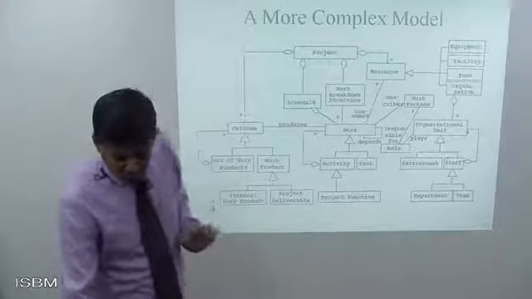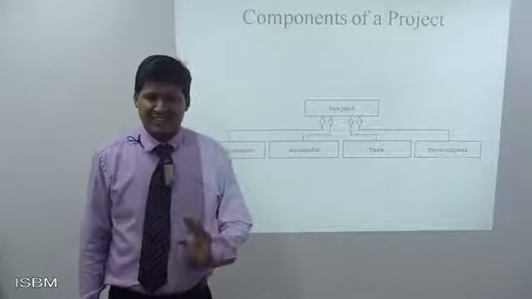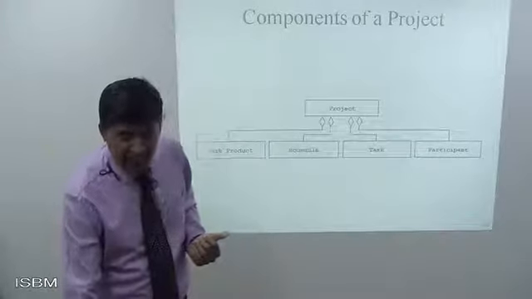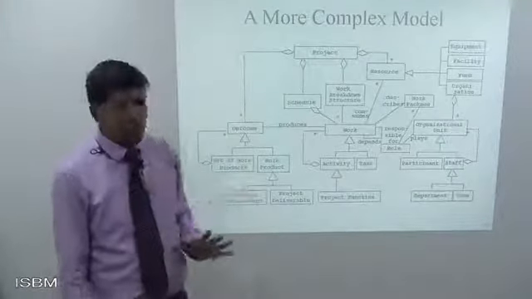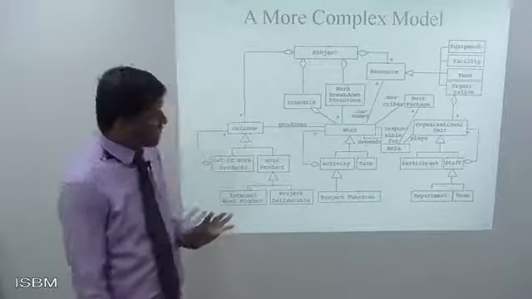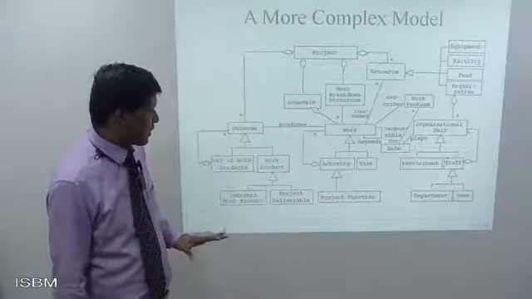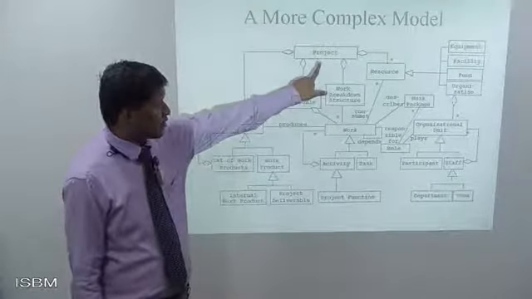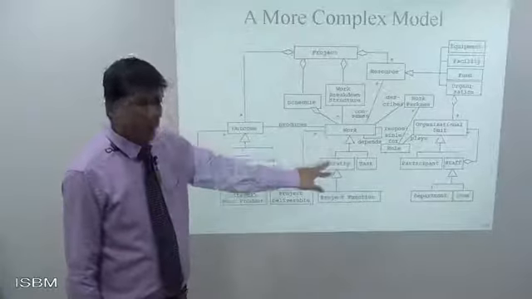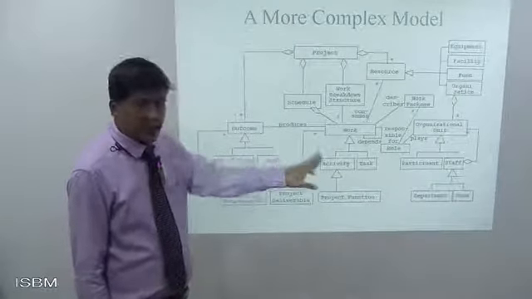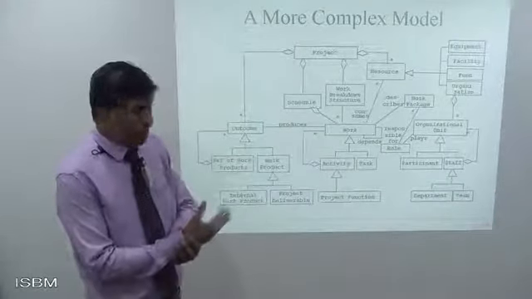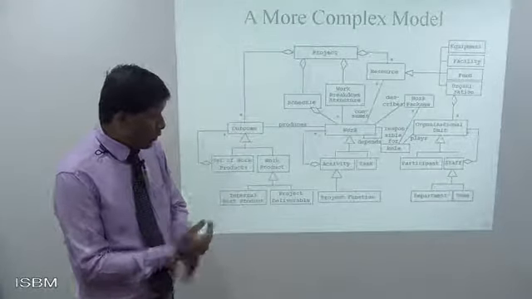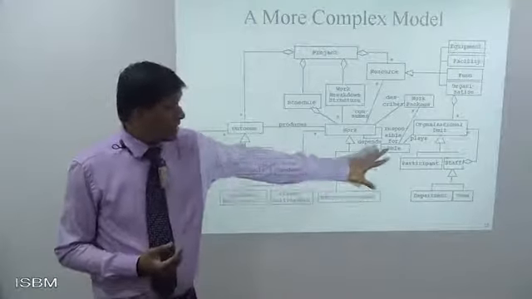Now this was a very simple representation, isn't it, friends? But if you look into a real-time scenario of a very complex model, let's try to figure out certain areas. This is the outcome that is required. This is a project. Work to be done. Now work could be further divided into work packages, breakdown of work structure, who will do what, the project function, department and team.